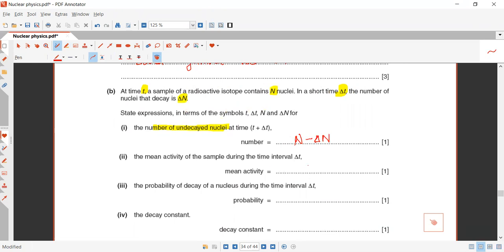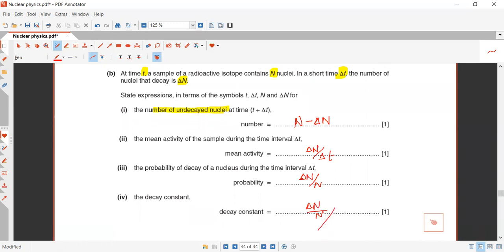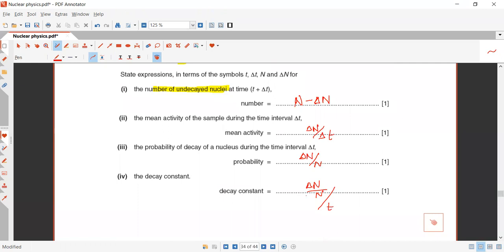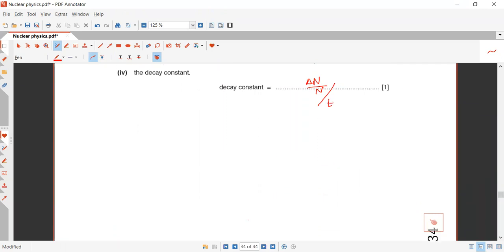The mean activity is delta N over delta t, right? And the probability of decay is delta N over N. And the decay constant is delta N over N delta t, because it's the rate of probability of decay, right? I have done it for you above. Okay, next question.